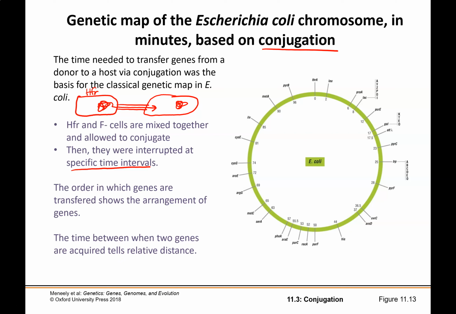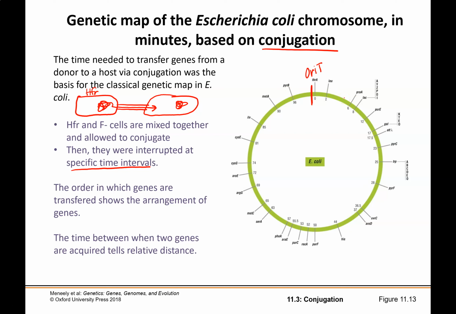So this first map of E. coli was a relative map, just like we had our relative maps based on recombination frequencies in eukaryotic chromosomes. We also can get this relative map in minutes for the E. coli chromosome.